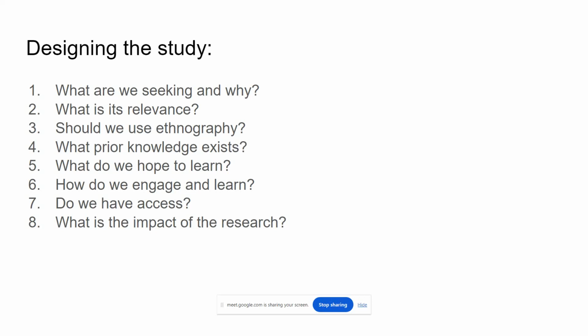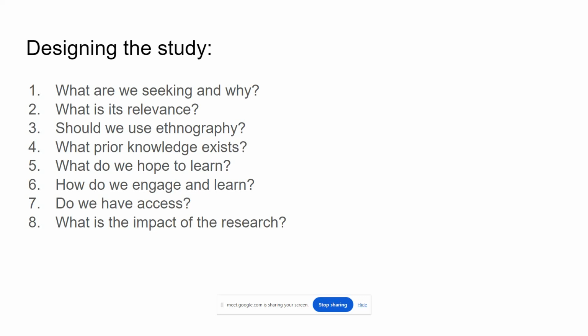Then, what is the relevance? There are various things that we think are relevant. The relevance need not always be with respect to society or humankind in general. It can be relevant to you.